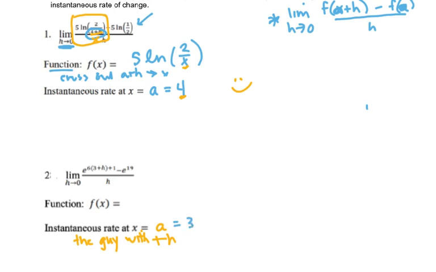So there's the 3, because here's where your a plus h is coming in. So a is 3. And now to find f of x, I'm just going to take the first function, which is that. I'm going to cross out the a plus h part, replace it with x. So my function is e to the 6x plus 1.